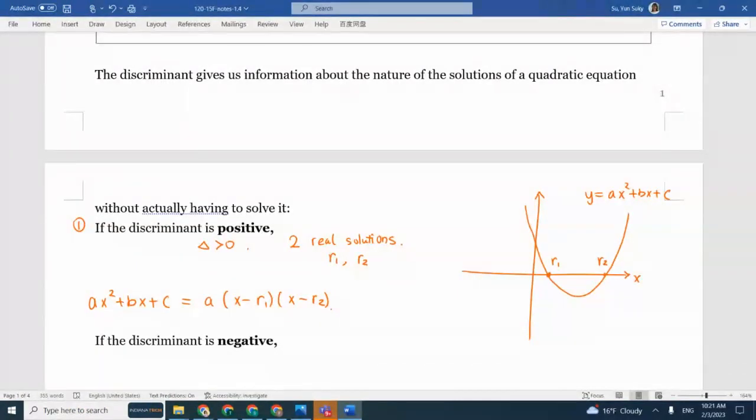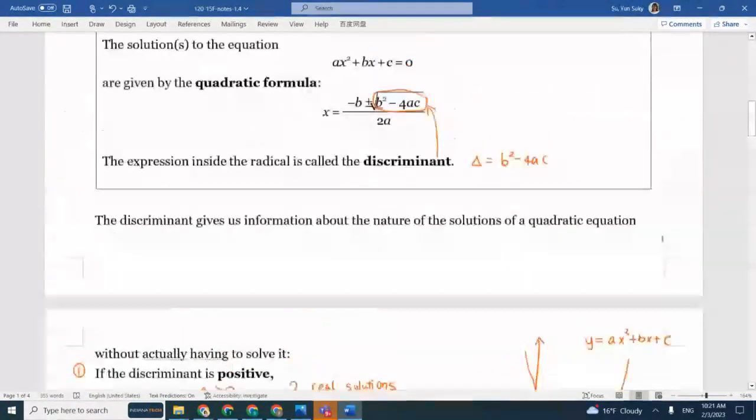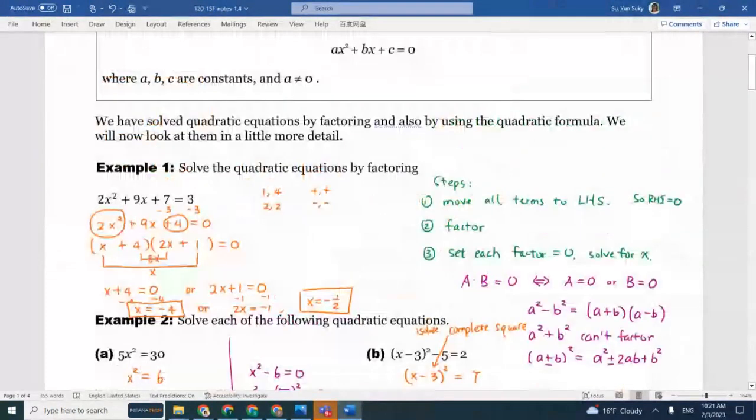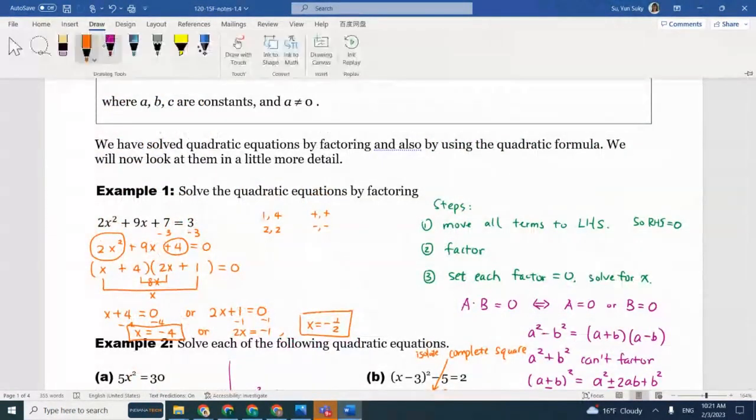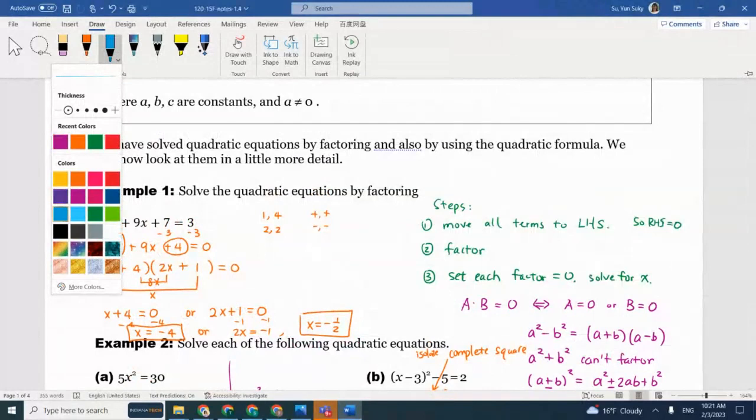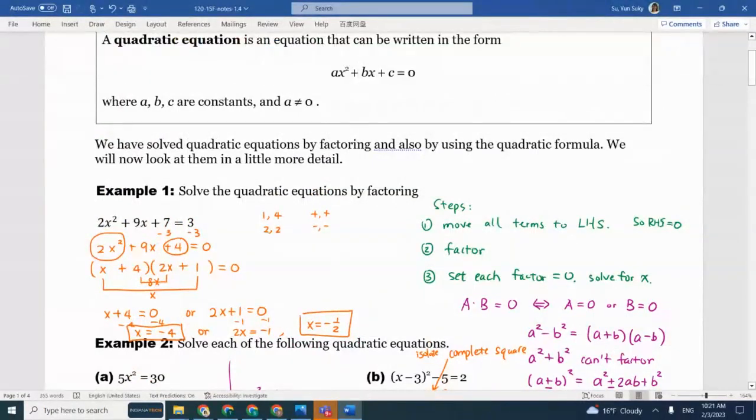How about let's check this? Go back to our previous examples. Remember this one? So we know the roots are -4 and -1/2. These are the two roots. So by that we have, do you see a is 2? Yes. And then x minus the first root.